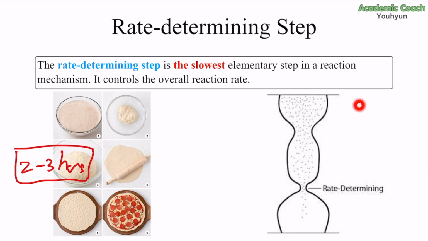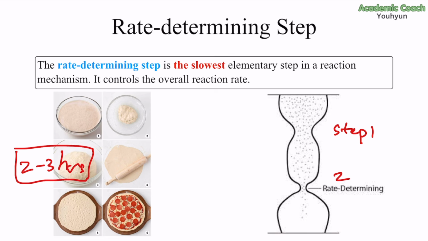And on the right hand side, here is another diagram that can show you what is meant by rate determining. Think of each of these passages as elementary steps. So there is step number 1, step number 2, and it's pretty easy for all of these particles to go through step number 1.